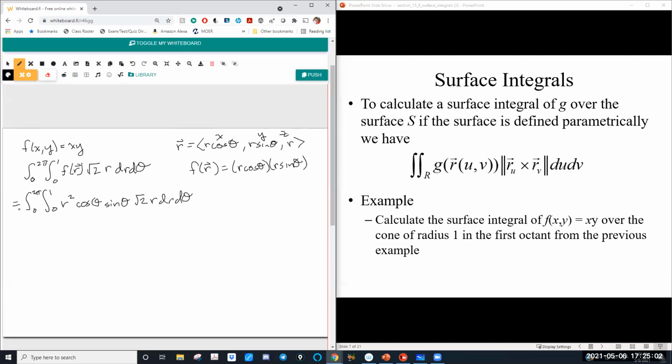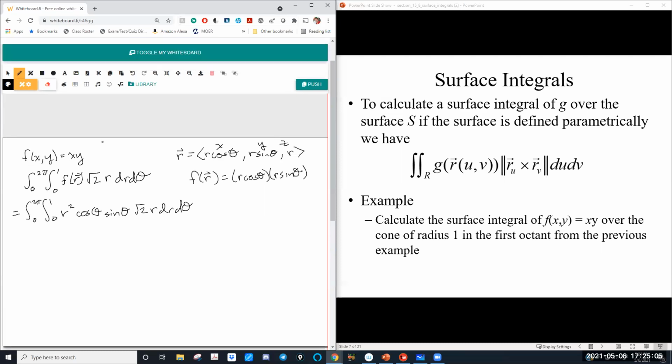Again, this I already have calculated, and it comes out to be 1/8 times root 2. Again, not surprising that root 2 ends up in our answer, because our root 2 is here. Questions about that?